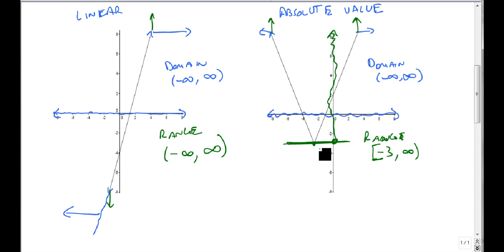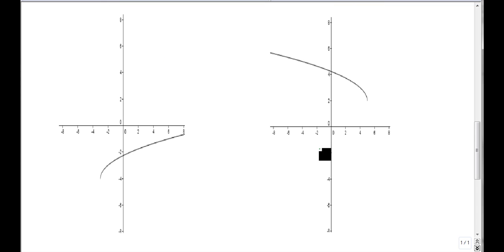Somewhere it turns around. Now both of these are graphs of radicals, which is something we'll see later. What we're looking at is, does it have a stopping point? Yes, it has a stopping point right here, and then right here it continues to go out. So it's both going to the right and it's going up. Well, that means my domain is going to go from whatever this value is.